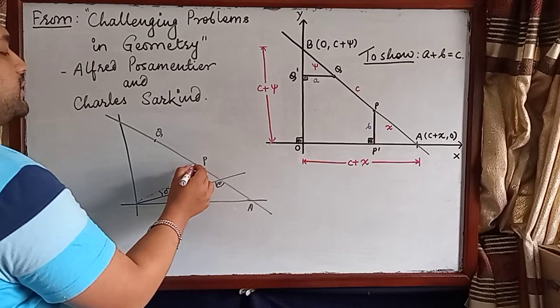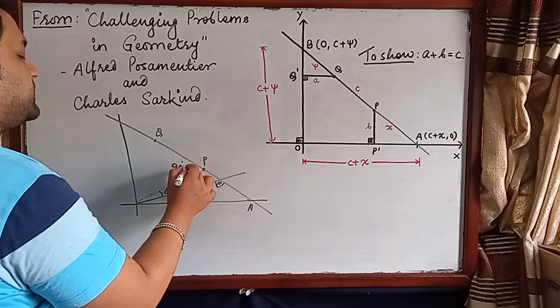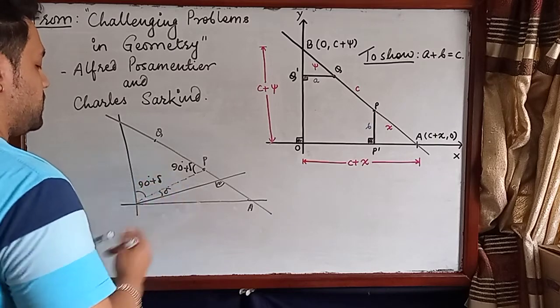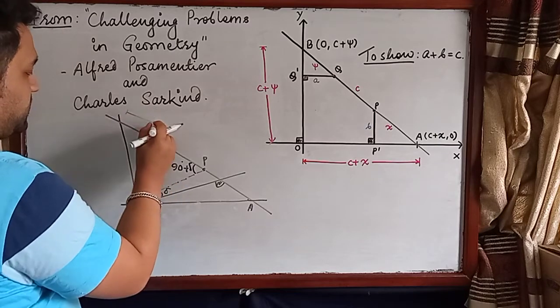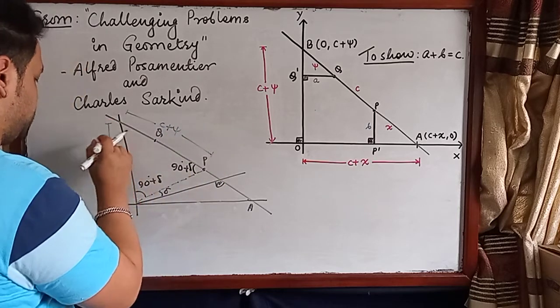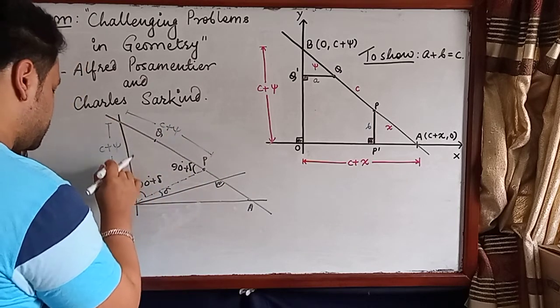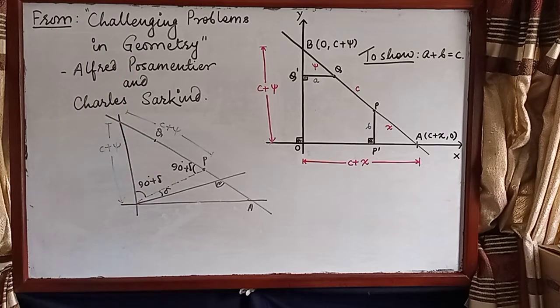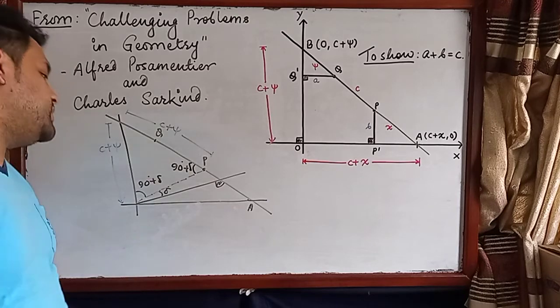Then this angle will be 90 degrees plus delta, because this length is c plus psi and this length is c plus psi. But again, 90 degrees plus delta is greater than 90 degrees.